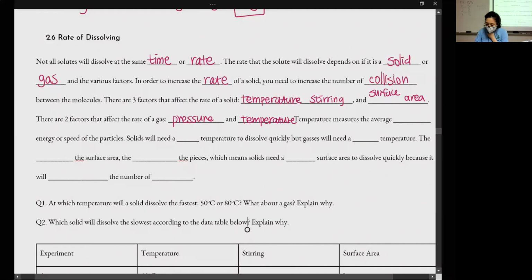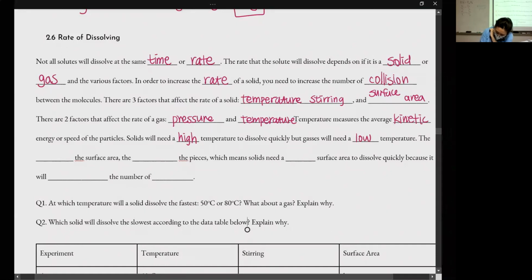The temperature measures the average kinetic energy or speed of the particles. Solids will need a high temperature to dissolve quickly, but gases will need a low temperature.